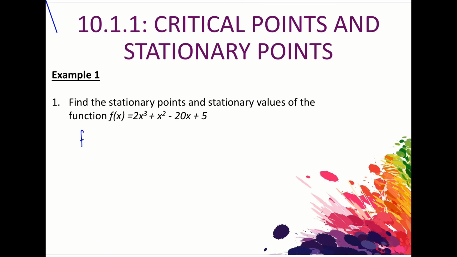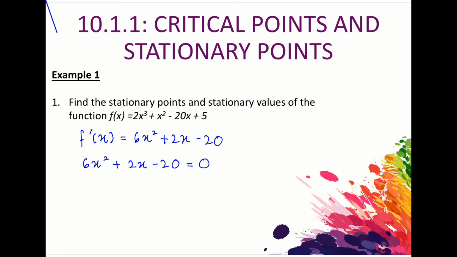So in order to find the value of x at that stationary point, we need to first find the first derivative of f(x), which is equal to 6x squared plus 2x minus 20. And we know that f prime x is equal to 0. Therefore, we can equate 6x squared plus 2x minus 20 to 0.